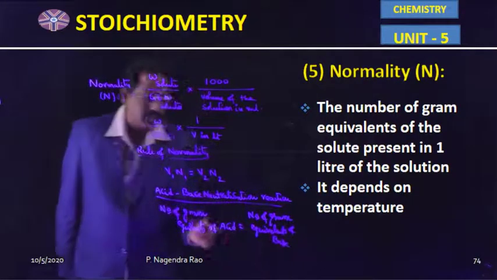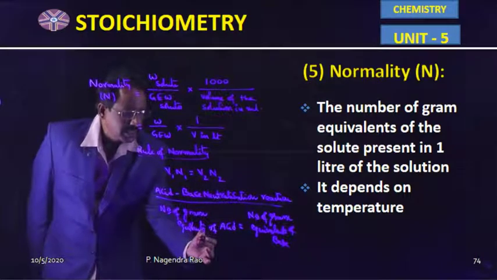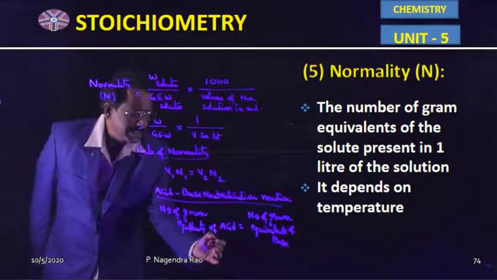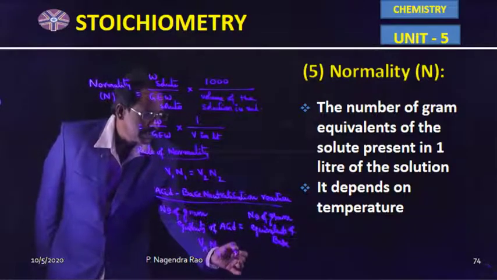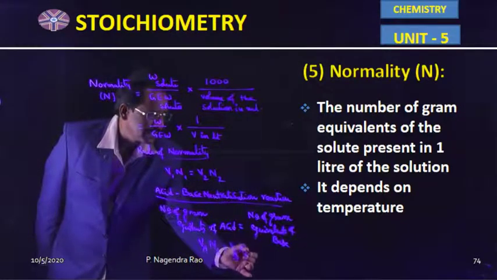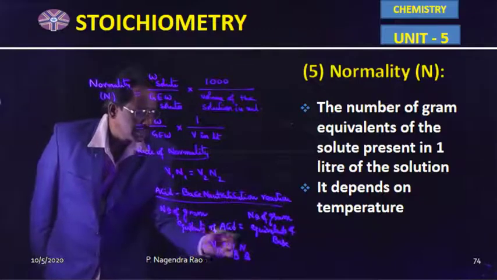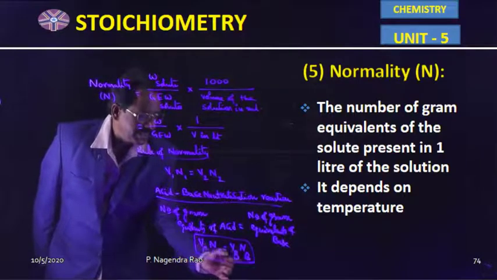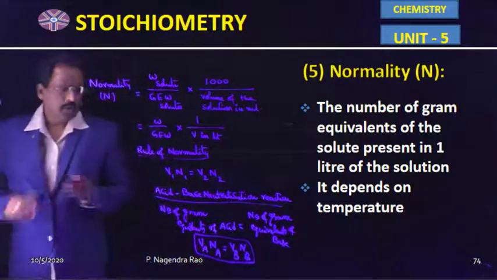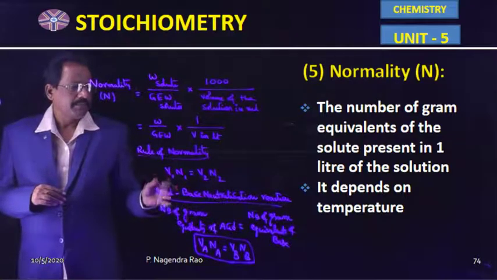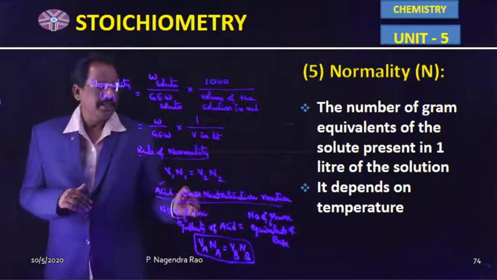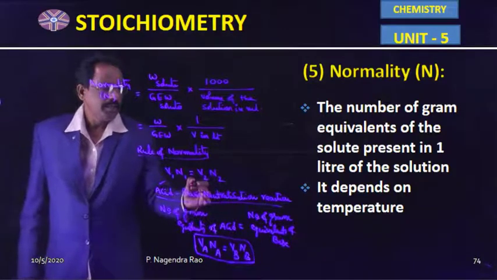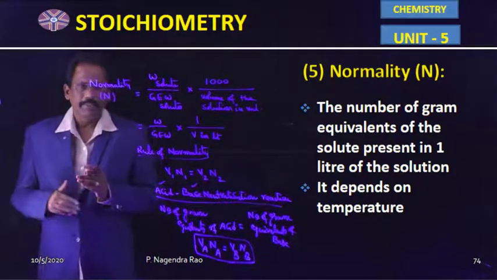That means VA NA is equal to VB NB, where VA and NA are volume and normality of an acid, and VB, NB are volume and normality of a basic solution.